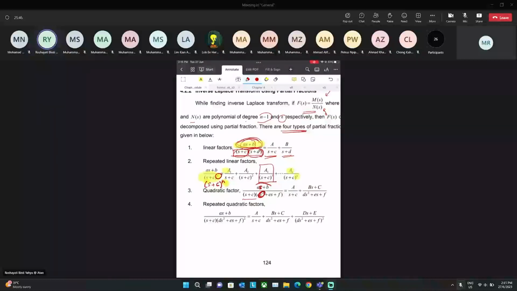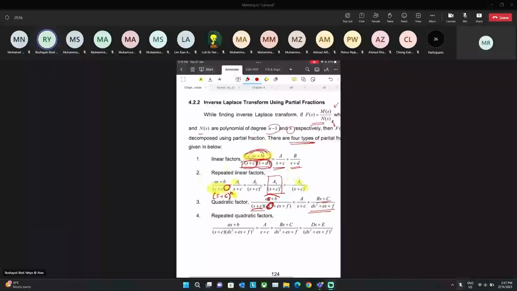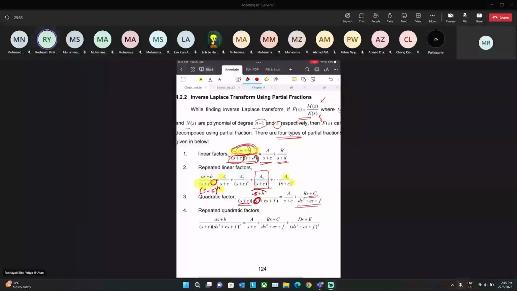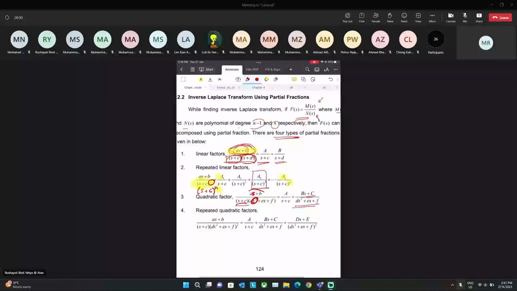So for this part, a over s plus c plus bs plus c over ds squared plus es plus f.